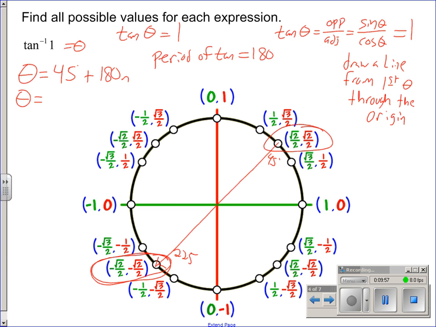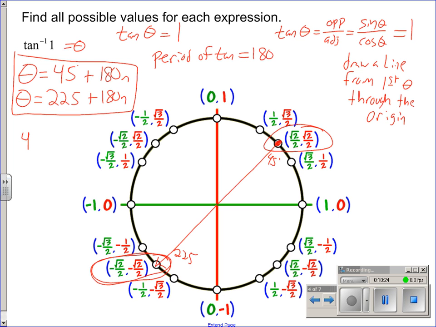And now technically, 225 plus another 180. But hopefully you notice something here. If you take 45 and add 180, you're at 225. If you're at 225 and you add 180, it puts you right back up to this spot where the 45 is. So technically these are both good, but there's a way to combine them.